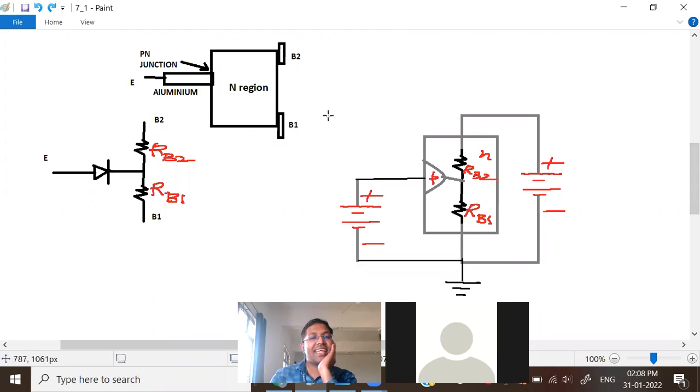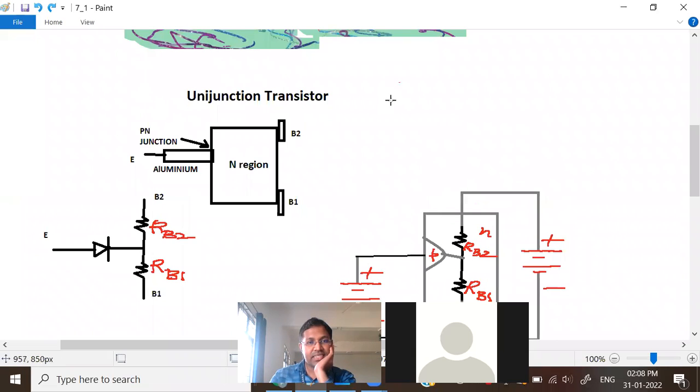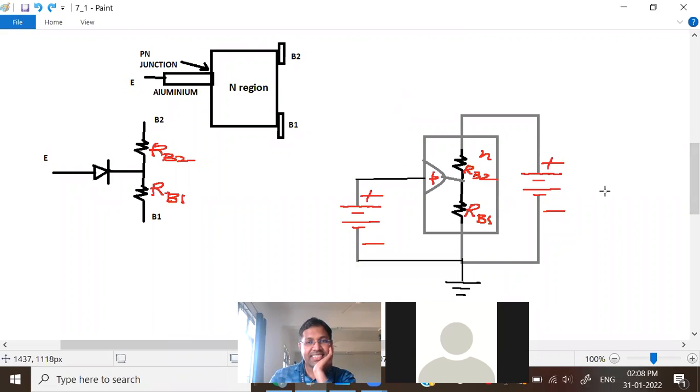Usually to get the UJT characteristics, the output voltage is fixed constant. You gradually vary the input and plot the input voltage versus input current. So output is constant, input is variable. Variable supply we represent with an arrow, as we have seen in the lab also.